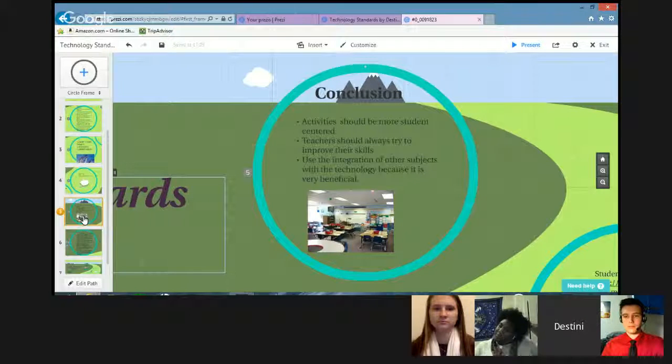And then I also said you should use the integration of other subjects with the technology because it's very beneficial. A lot of teachers get afraid of technology, but you can really integrate that with any subject. You can use it with art, science, math, and really you would be getting two subjects knocked out of the way, and it'd be smooth. So students would really appreciate that.